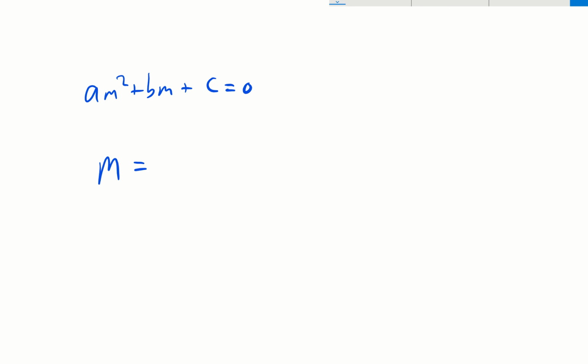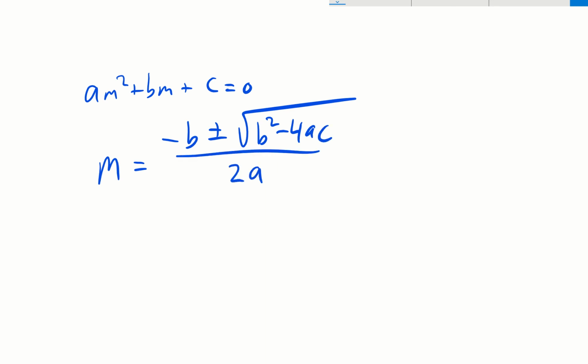Recall the quadratic formula is negative b plus or minus the square root of b squared minus 4ac all divided by 2a. It's really good to use this, especially if you're having a hard time factoring, or if you get some funky real number coefficients with radicals, or in the complex case.